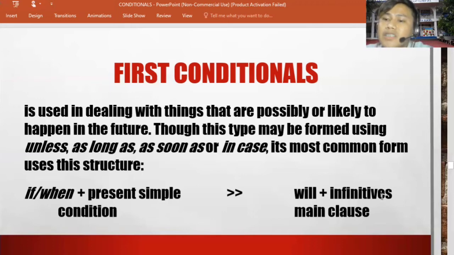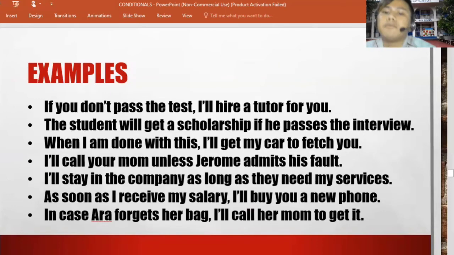So instead of infinitives, I would say that we can make use of a verb that is also in the present simple, because whenever we use will in our sentence, it is followed by a verb in the base form. Understood? Okay, so now let's move on to our examples.